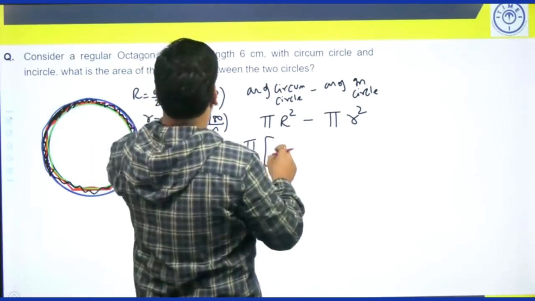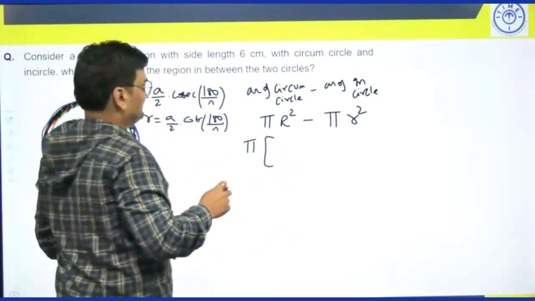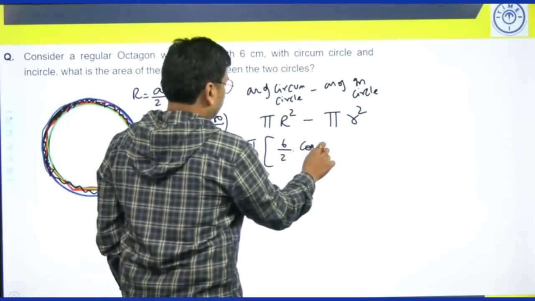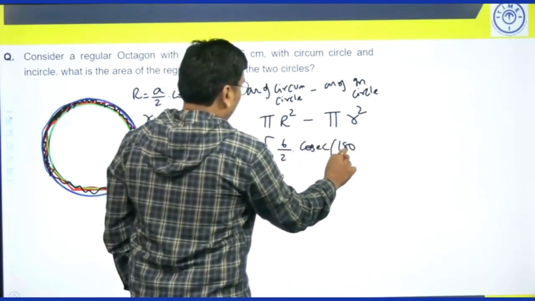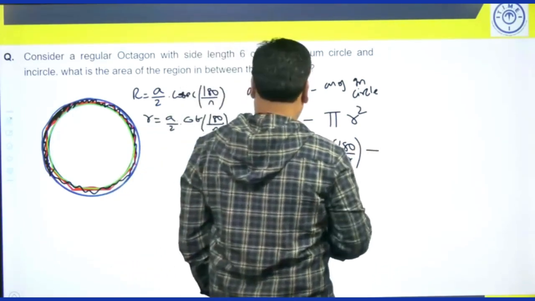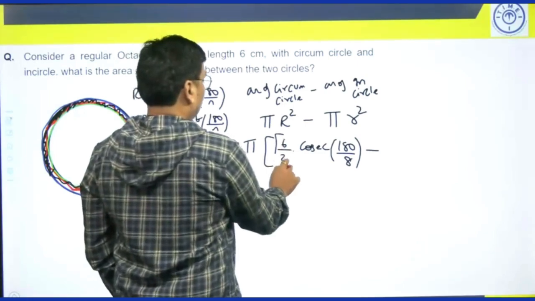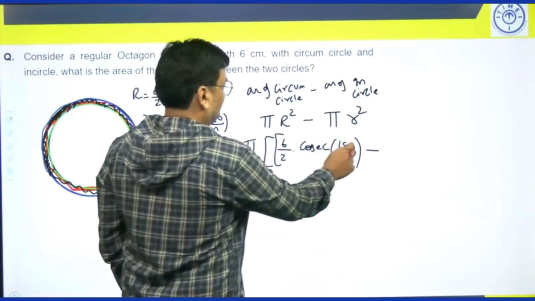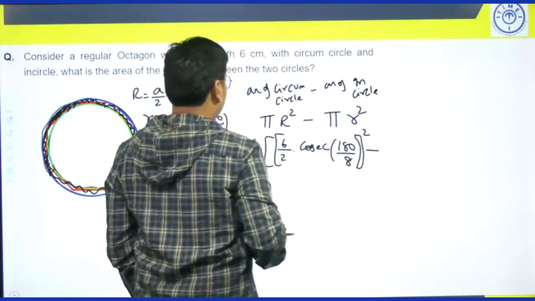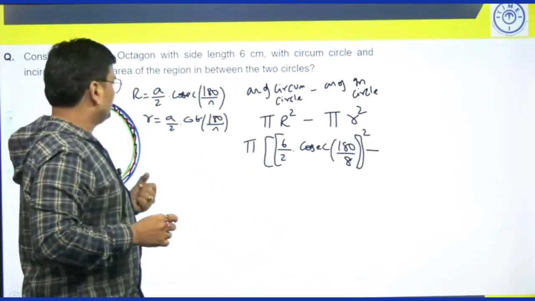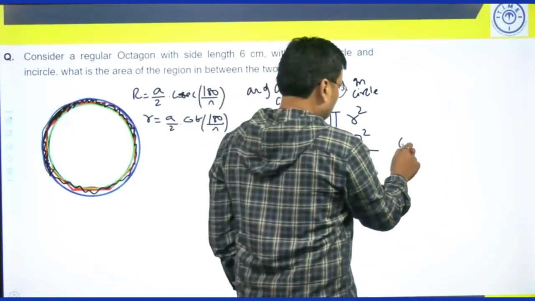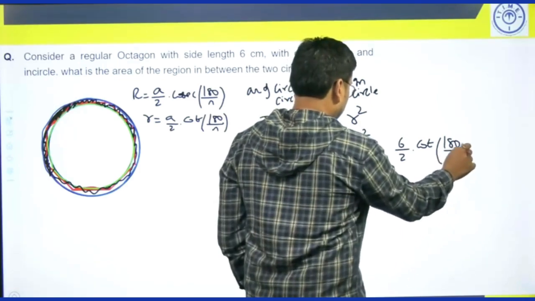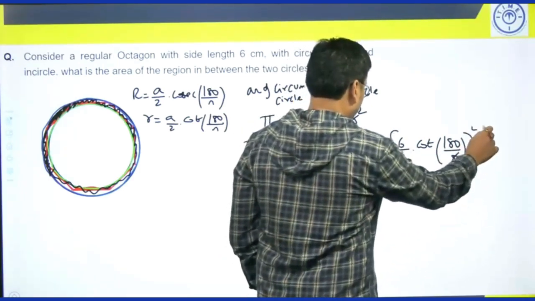It will be a by 2, side length is 6, so 6 by 2 into cosecant 180 by 8, square of this value, minus small r square, which will be 6 by 2 into cot 180 by 8, square of this.